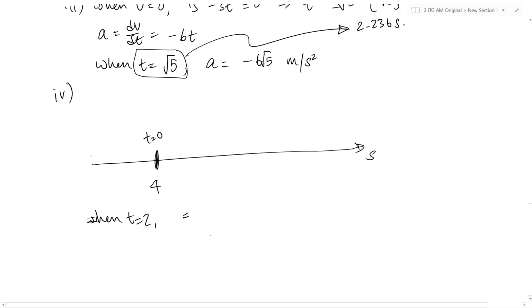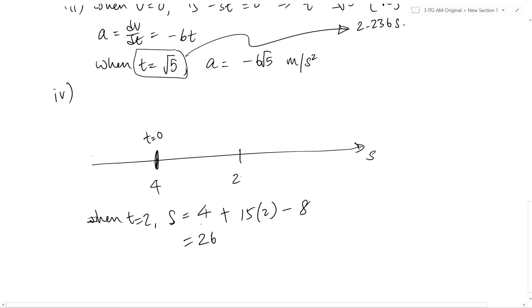What do you get? What's the value? 26. Okay, so 26 is going to lie on the right hand side of 4.